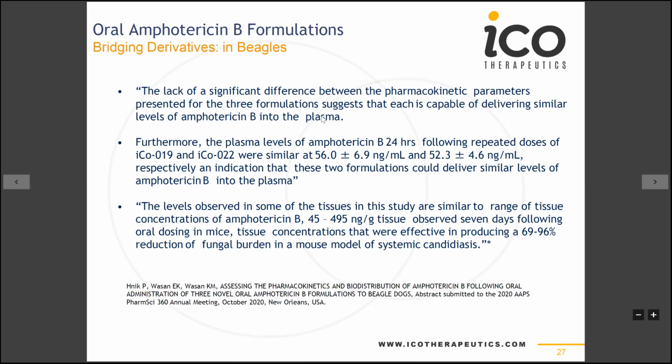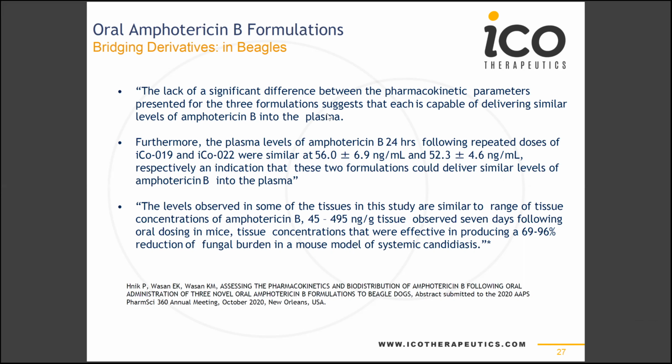And what we did is we basically looked at the pharmacokinetics, tissue distribution, and toxicology profiles in a GLP condition of our liquid formulations versus our capsule formulation. And what we saw was very similar plasma levels and a lack of toxicity, not only renal toxicity, kidney toxicity, liver toxicity, but we also looked at red blood cells.